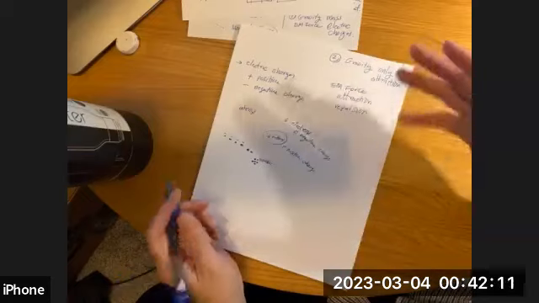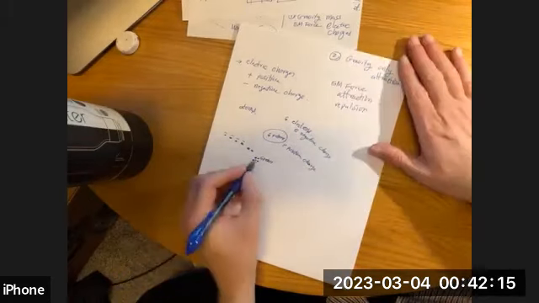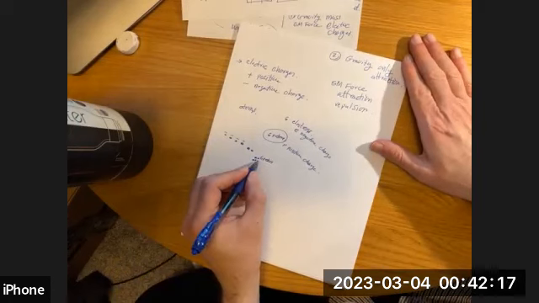So we're talking about the carbon atom, and we said that the carbon has 6 protons, each one positively charged, and it has 6 electrons.